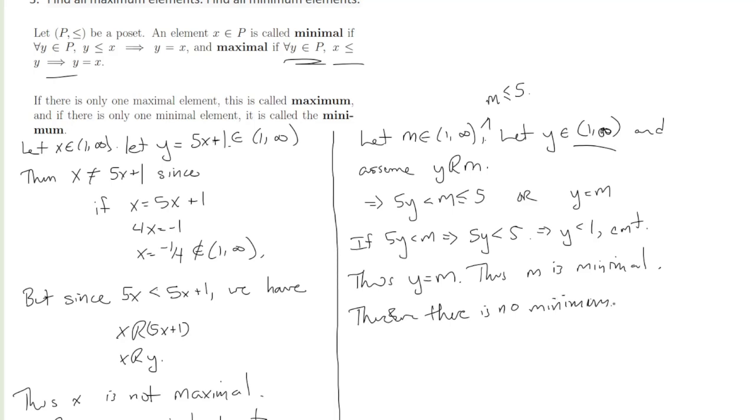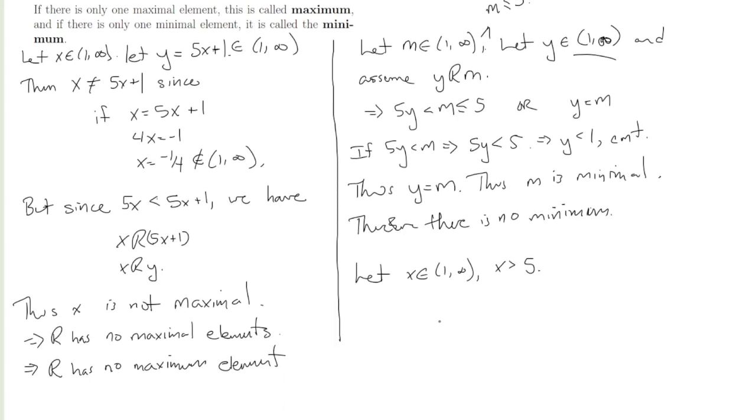Now, we haven't quite finished the question. It said find all minimal elements. We found that there is no minimum element, but we haven't found all the minimal elements necessarily. I now need to show that everything bigger than 5 is not minimal. So let x be in 1 to infinity, and x is bigger than 5. Then can I show that that thing is not minimal?